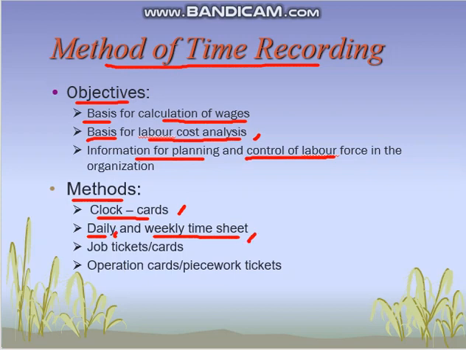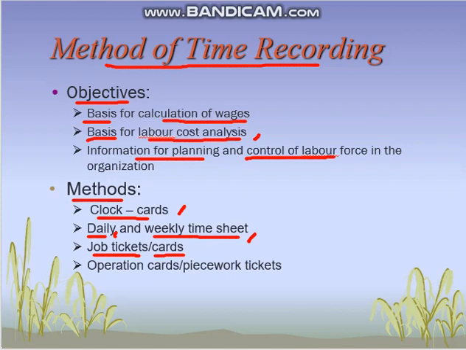Alright, next is a job ticket or job card. So what is a job ticket or job card? It's a card recording the time spent on a work or on a particular job. Because in order to keep track of the progress of the job, we also have to keep track of all the costs incurred.